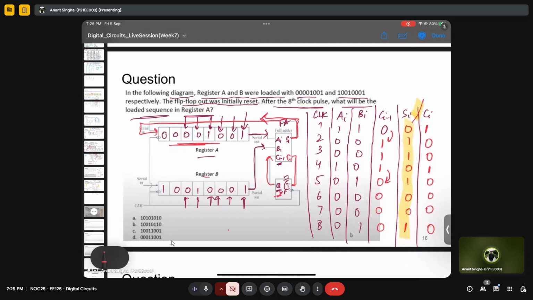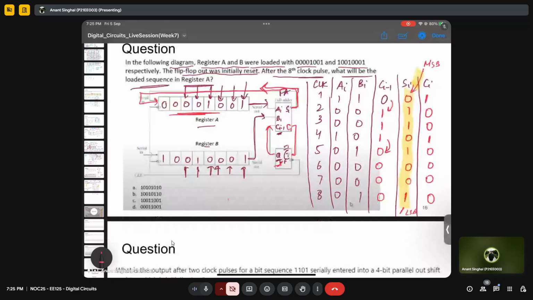So this will be the most significant bit and this will be the LSB. So after 8 clock cycles, the sequence that will be there is 1 0 0 1 0 1 1 0. So this will be there like this in the register A.